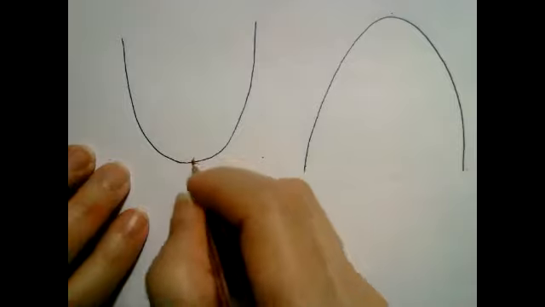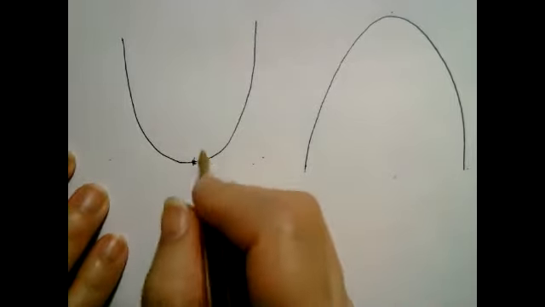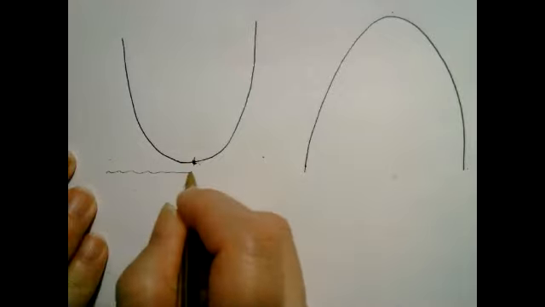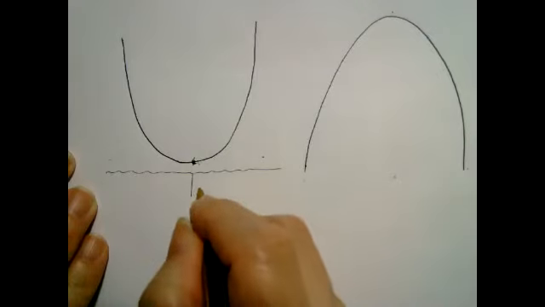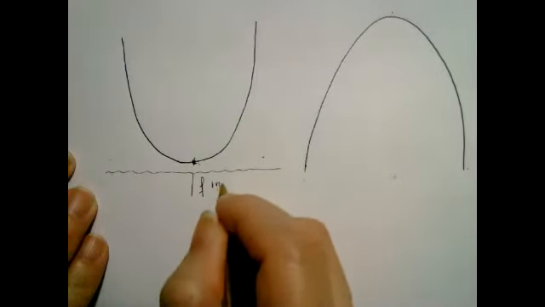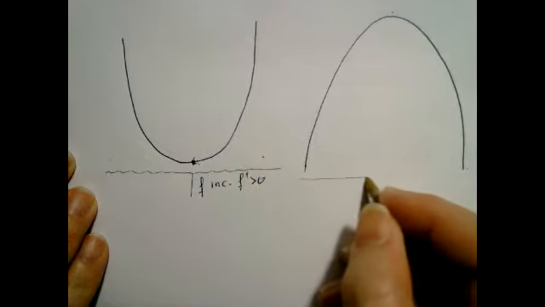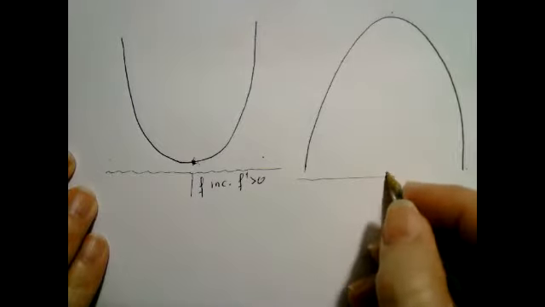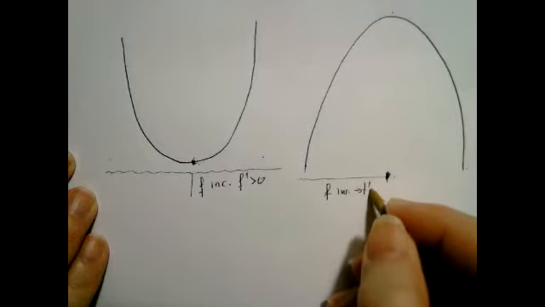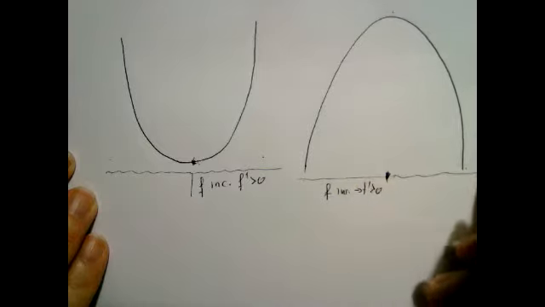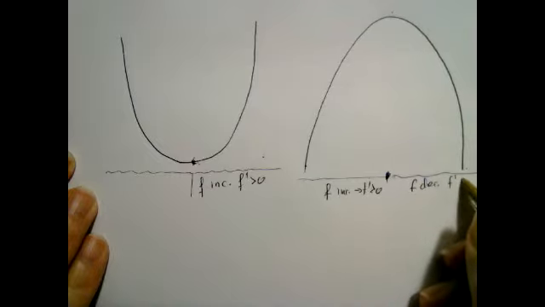Let me analyze f prime as clearly as possible. Here the function is increasing, which means my derivative is positive. Up to here my function is increasing, my derivative is positive, and then my f is decreasing, my f prime is negative.